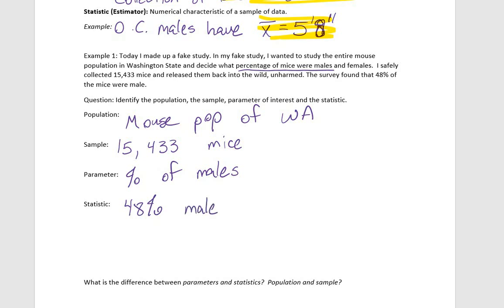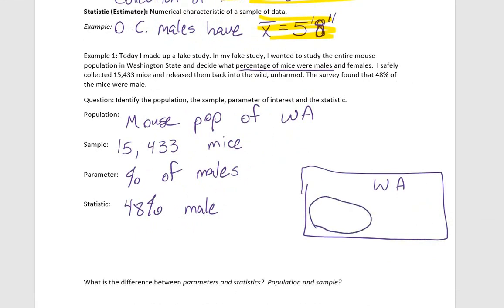Remember, I was interested in all of the mice in Washington, which I'm not even going to try to draw. But what I found is a little subset, which was 15,433 of them, and I found that 48% of them were actually male mice.